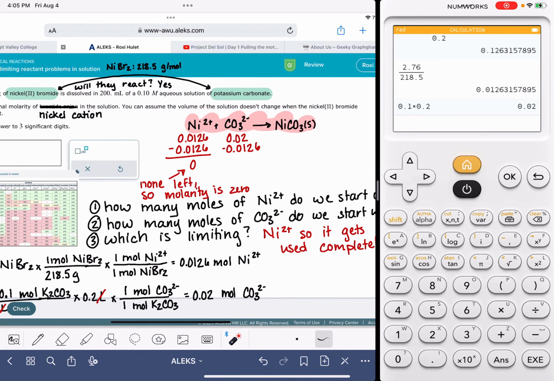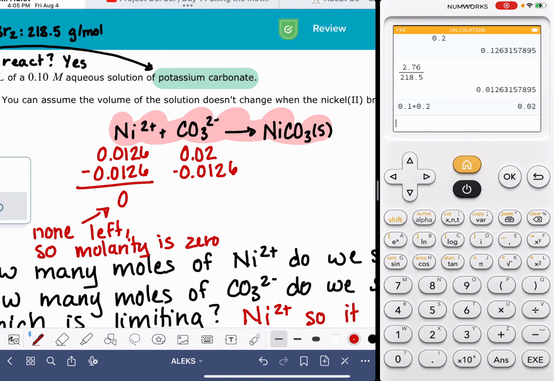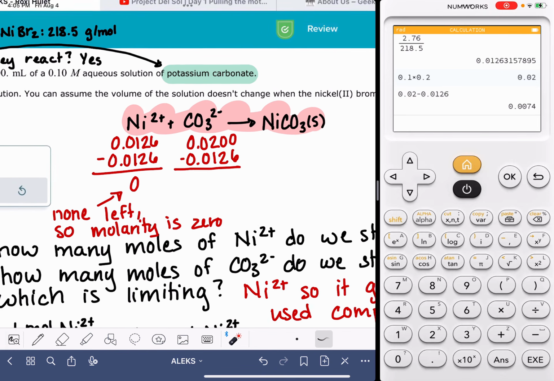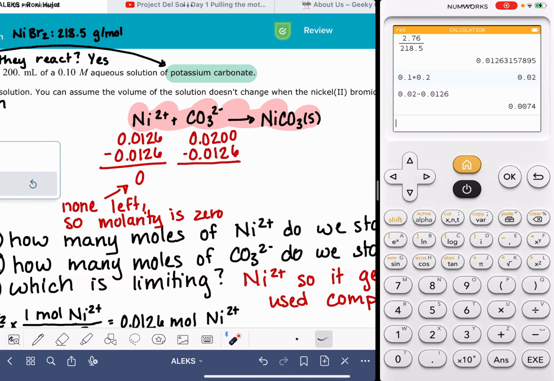It's the nickel. And that would mean that the carbonate, because it's not limiting, some of it gets used up, but not all of it. When this reaction is over, we have a little bit of carbonate left over. And what I'm doing is taking my initial amount of carbonate, which I calculated, how many moles do I start with, and I'm figuring out how much of that carbonate reacts, which is, if you're familiar with ice tables, I'm just making kind of a generic ice table, but I'm saying I've got 0.0126 moles of nickel.